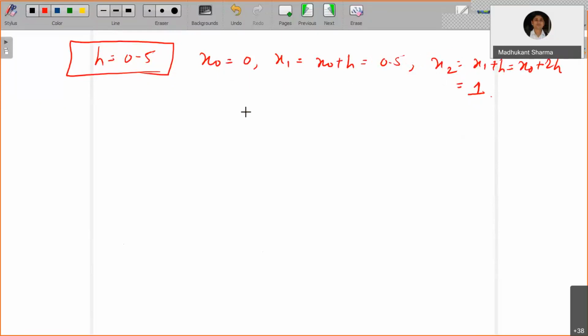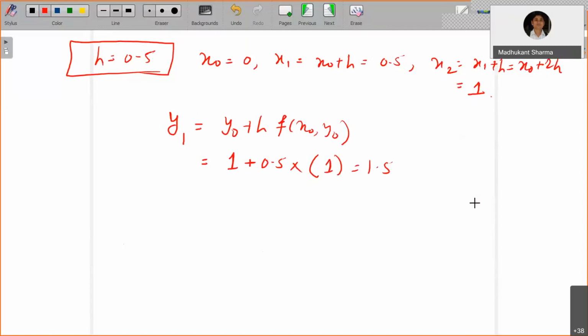Okay, so we are going to use Euler's method now. y1 equals y0 plus h times f of x0 comma y0. So y0 is 1, h is 0.5, times f of x0 comma y0, which is x0 plus y0, that is 1. So that is 1.5.